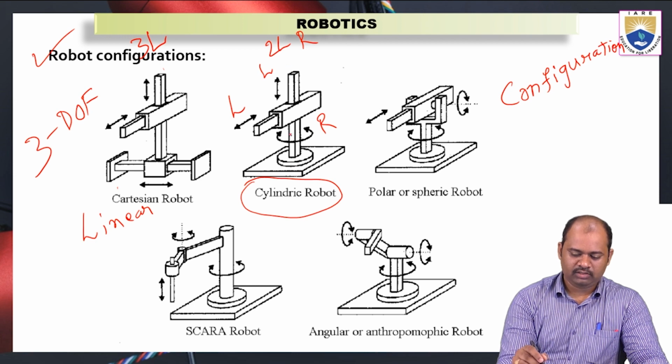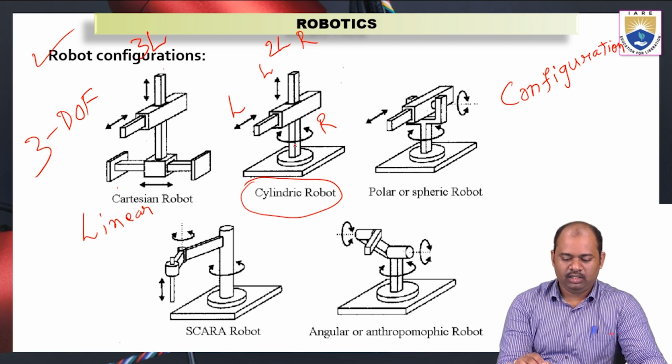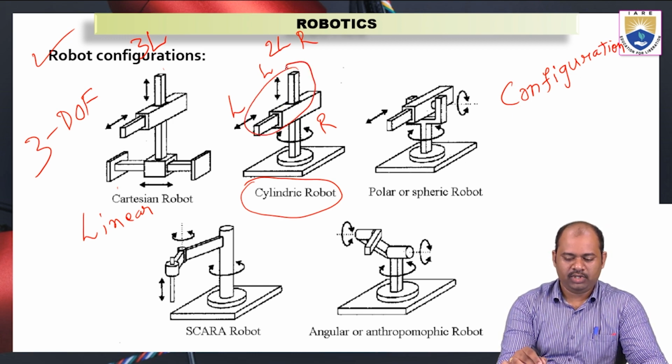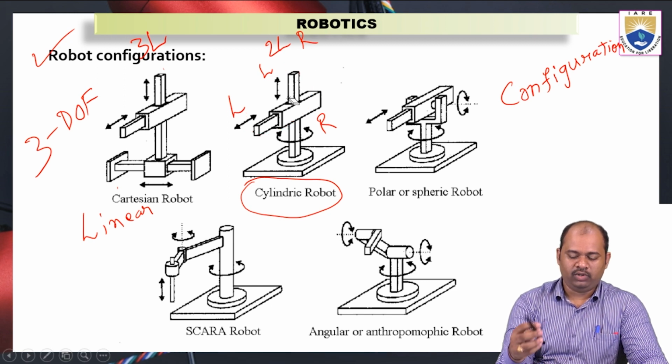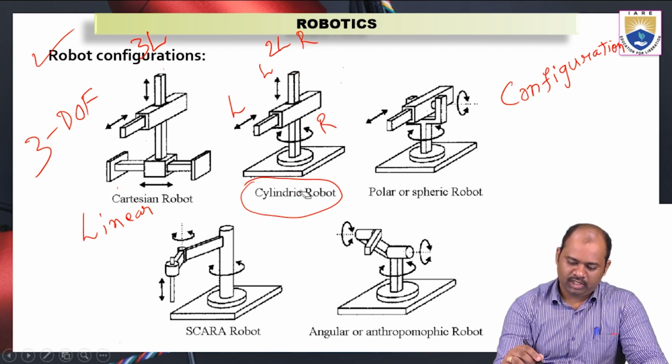On this we have a vertical cylindrical column on which the entire system can move. The entire robotic system can rotate about this vertical axis. Now another motion is it can go up and down.